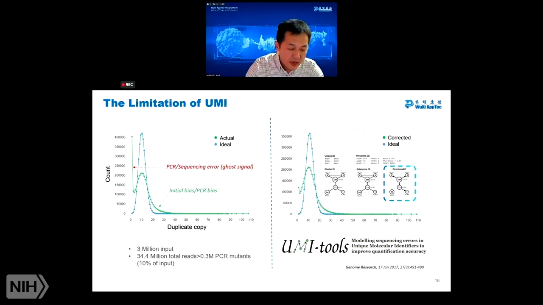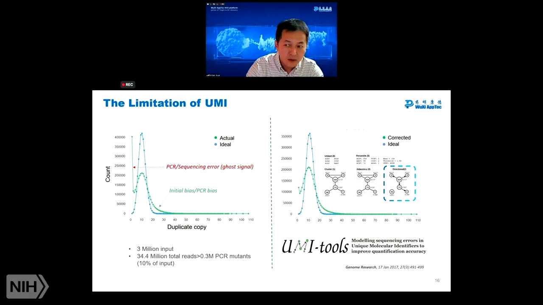So when this happens, your only hope is that this ghost signal is randomly distributed among your data set, and they do not change your data pattern. But obviously, we don't want to bet on that because it could be mixed with other PCR biases.